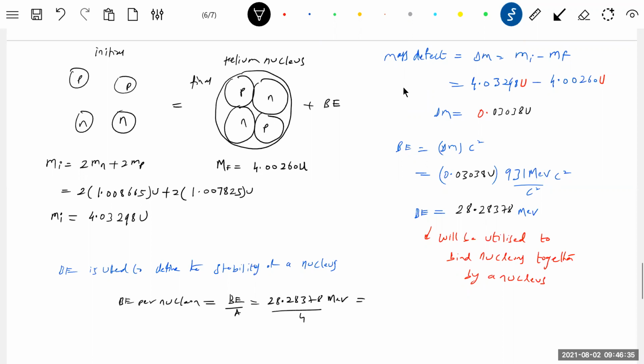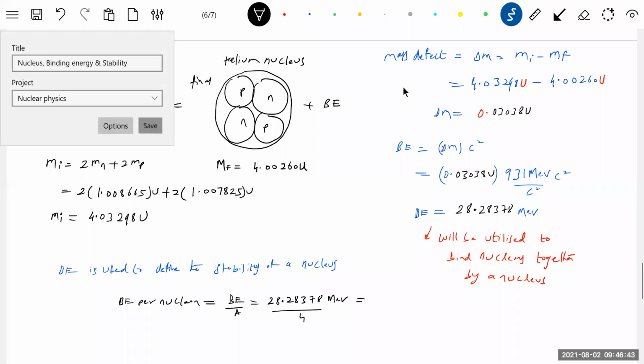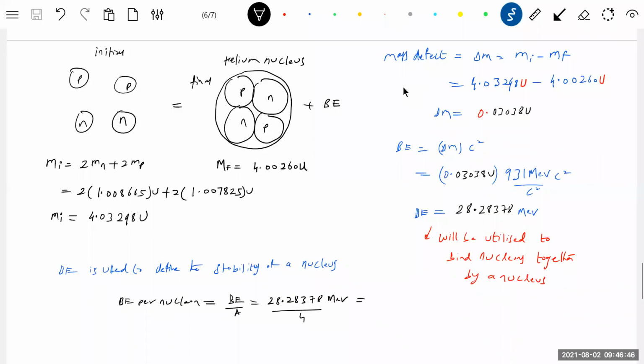Anybody divide this by 4? Hurry up, we'll discuss some problems on binding energy. 7.0709. This will be the binding energy per nucleon.